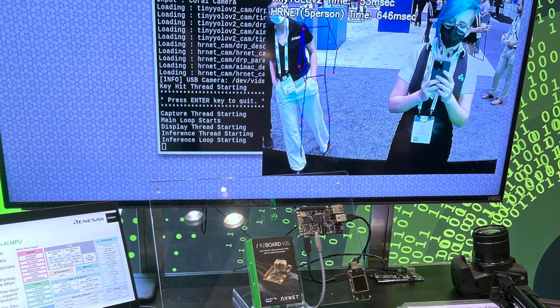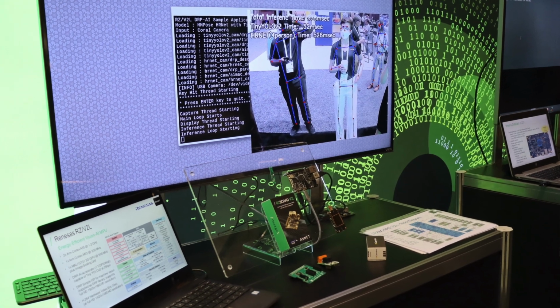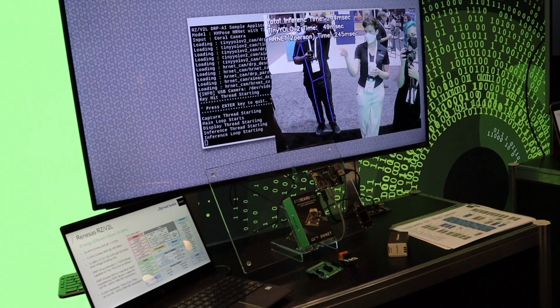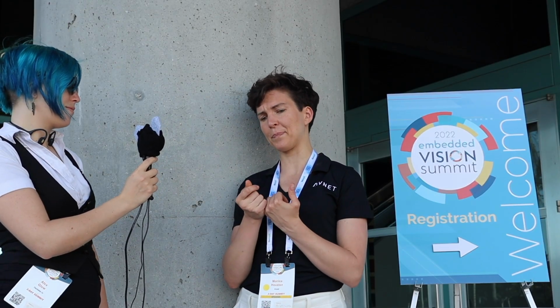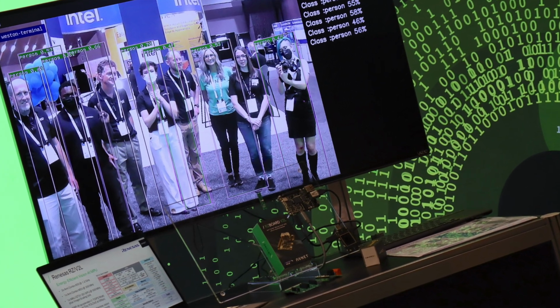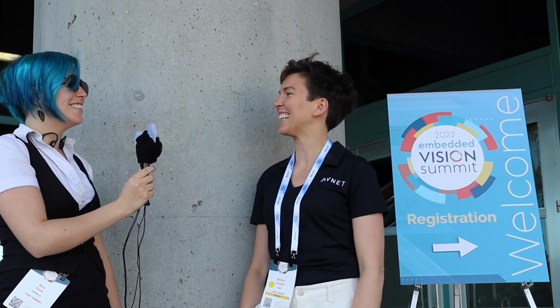It runs at 1 teraops per watt. It's a little slower than the Edge AI kit, but you can still do 30 frames per second inference. It depends on the application, but the demo is running Tiny YOLO V3 to do person detection, and within that it's running HRNet to do pose detection, so it draws those lines on. It's a fun one.